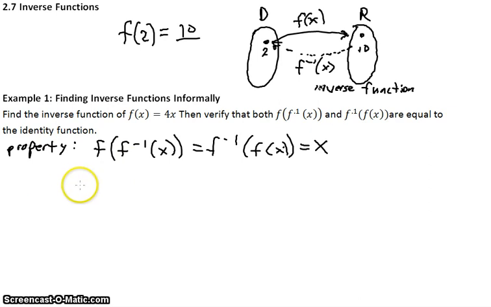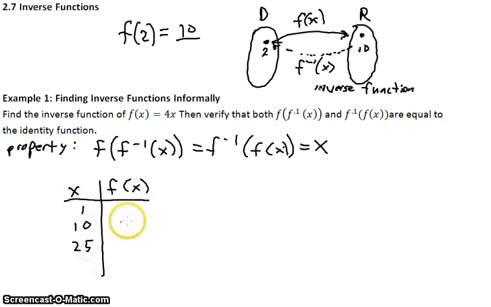But what I want to talk about is how this function works and how we can find an inverse. So I can pick any values that I want. Let's just do 1, 10, and 25. And in this function here, the function values are going to be 4, 40, and 100.